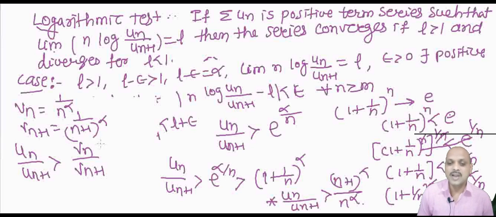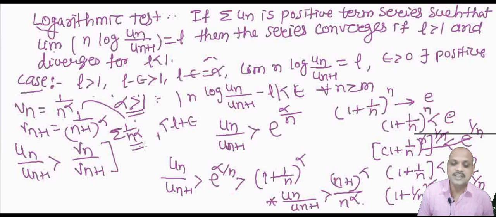Now we can apply the comparison test. By the comparison test, this series converges for alpha greater than 1. Here alpha is greater than 1, therefore the series summation Vn, that is 1 divided by n raised to alpha, is convergent.